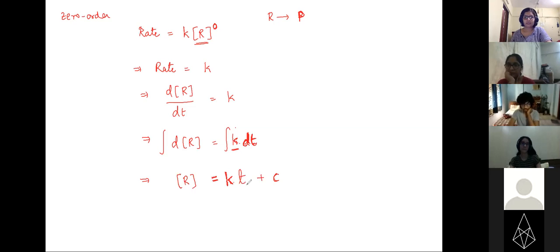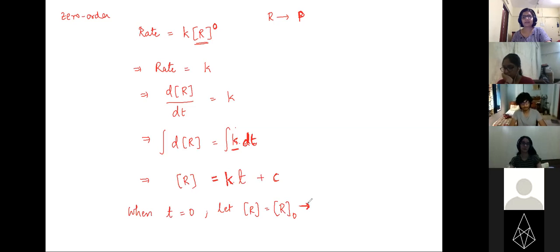All right. So at the beginning, when t equal to 0, what can you say about the concentration of the reactant? It will be maximum.